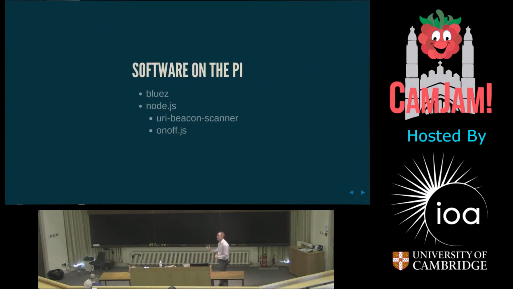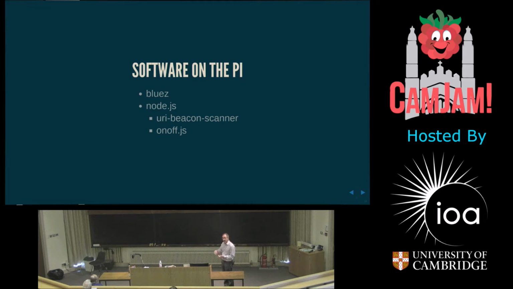On the software side, you need the BlueZ stack, which is an open thing that basically tells Linux how to interact with Bluetooth peripherals. And then, as I've said, on the GitHub, really JavaScript seems to be the popular thing.